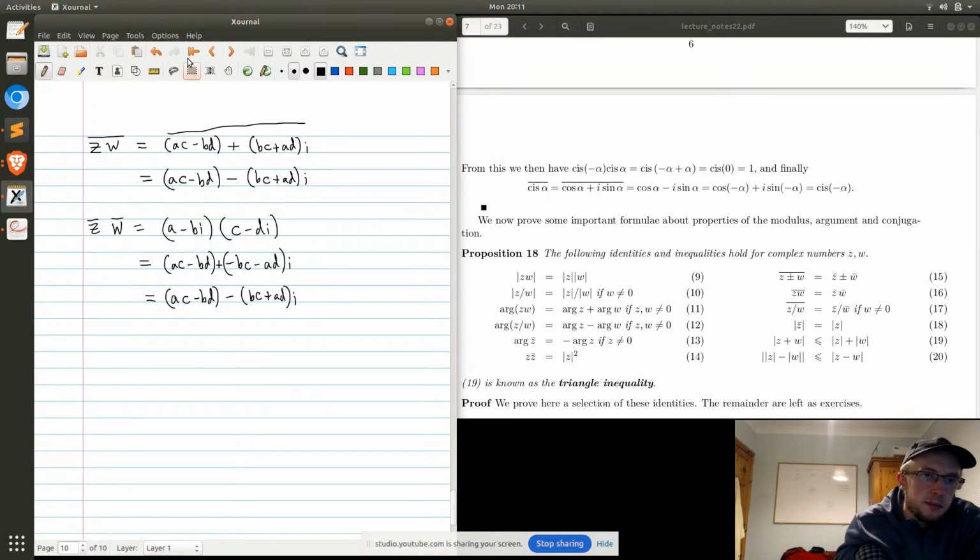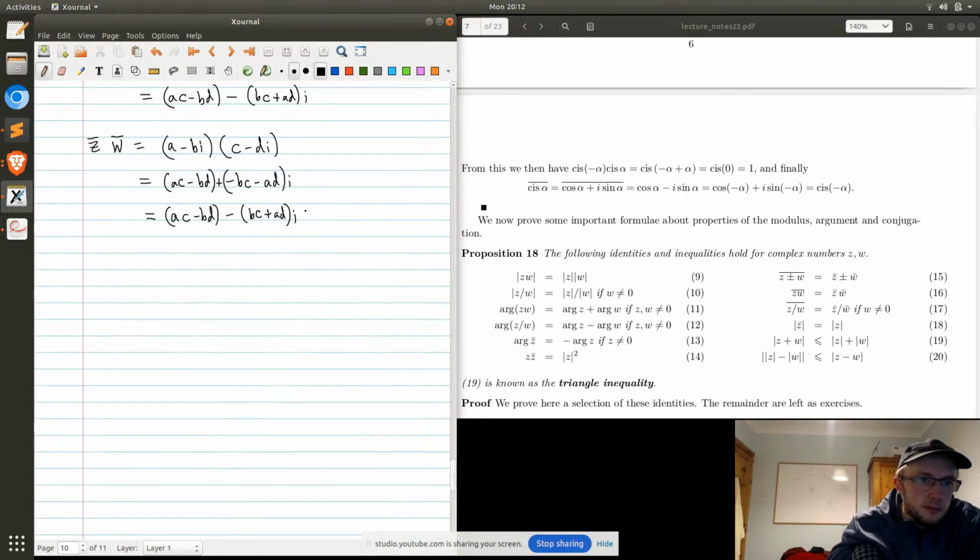Quotient. Modulus of quotient is quotient of modulus. Okay. Still not too sure about dividing one complex number by another. Still not automatic yet.